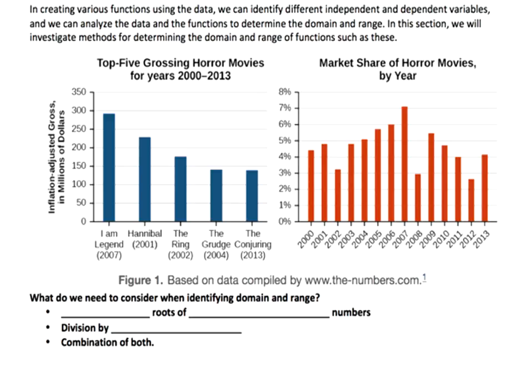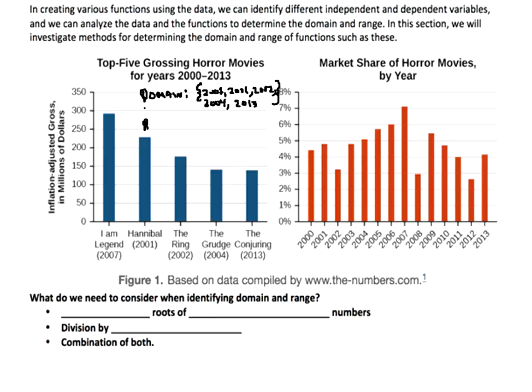So if I were going to give the domain for this particular set of data, I would have to give it as a set. So here's the set, and I've got the year 2007, I've got the year 2001, 2002, sorry about the poor handwriting, 2004, and 2013. So that's just a set of separate points that we're thinking about.